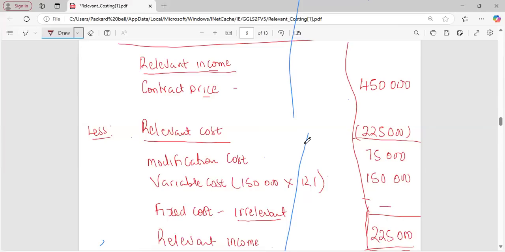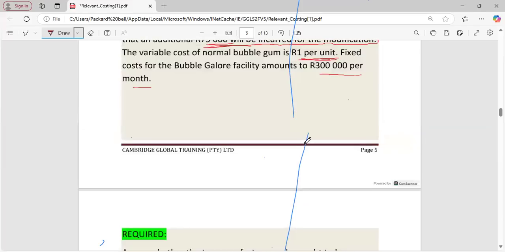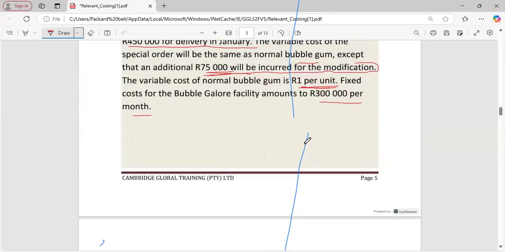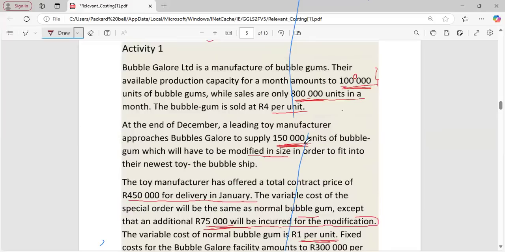Yeah, I'm trying to get you there. You are saying, like in this case, we are talking of relevant cost being 225 and relevant income being 225. Then you are saying, are we not supposed to compare the normal cost? Like are you talking of the cost for the irrelevant cost?